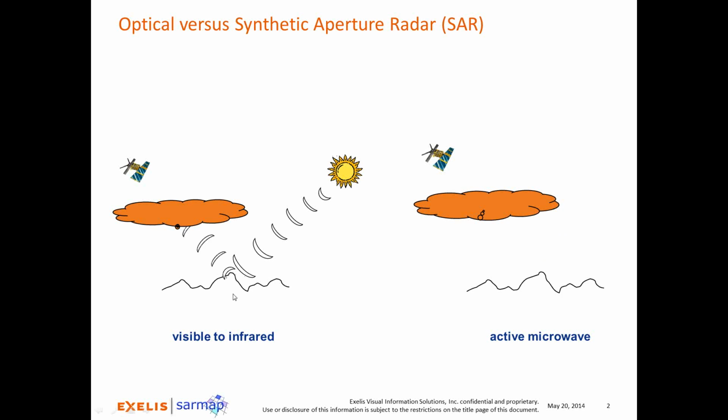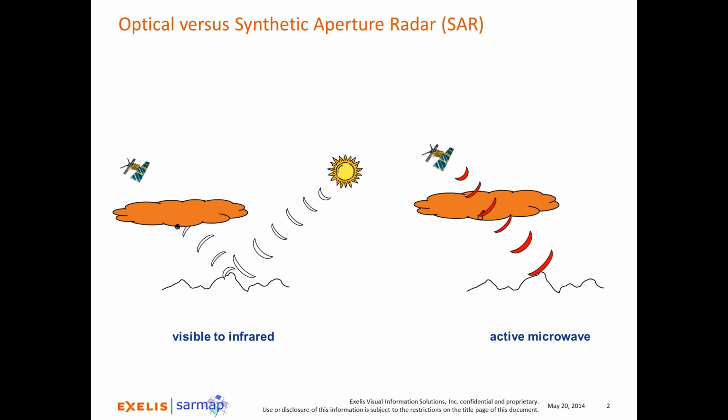So we need to have a sun that's illuminating the area we are interested to look at. And of course, optical sensors depend on weather conditions. If there is a cloud cover, if there is no illumination or no return from the terrain, of course it's not possible to get any optical imagery of our area of interest.